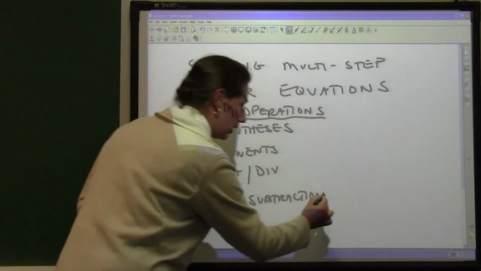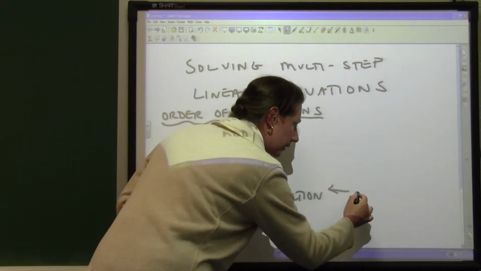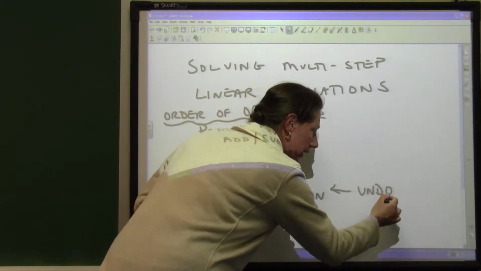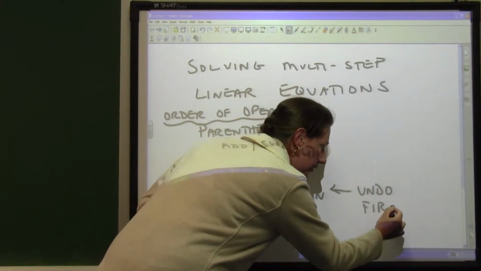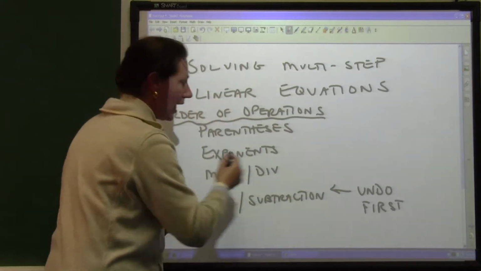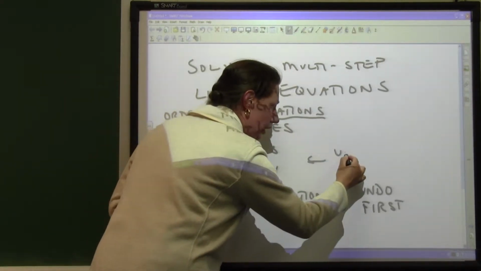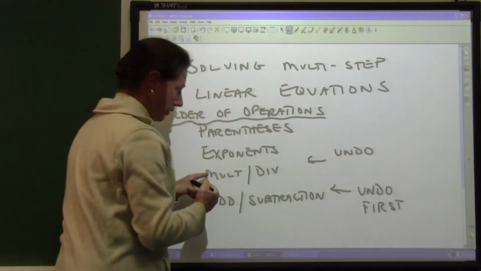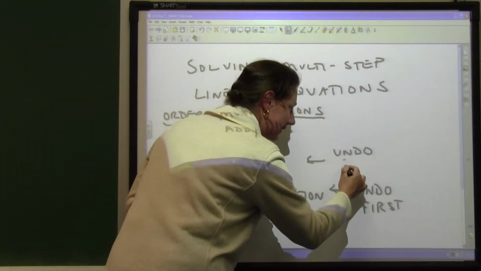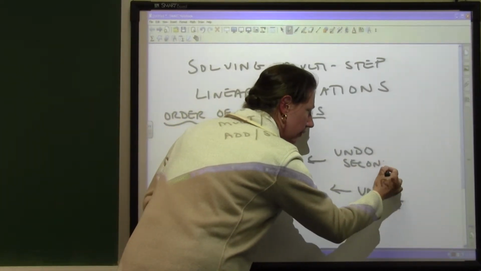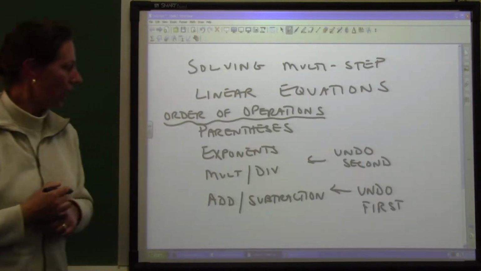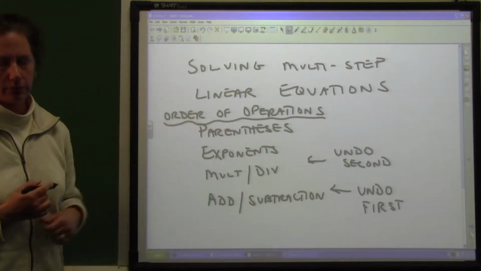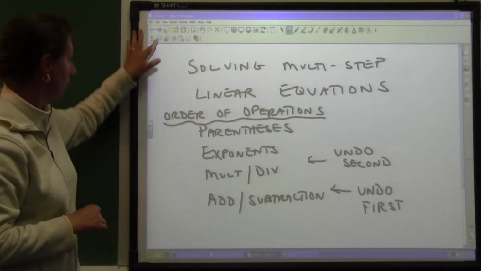So what we're going to start with is undoing the addition and subtraction first. Then we're going to undo the multiplication and division second. And as you get up into higher math, we will undo exponents and parentheses, but save that for later.